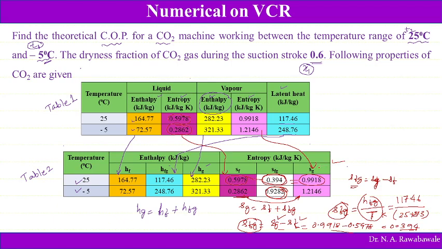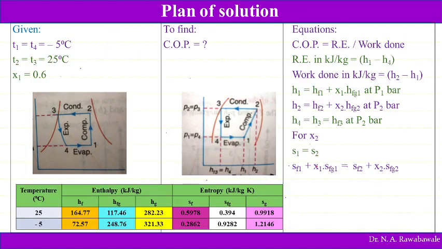Now a COP is asked, the COP of a refrigerator. The data given: the initial temperature is minus 5 degrees Celsius, and at the end of compression the temperature increases to 25 degrees Celsius. So T1 and T2 are given; instead of P1, P2, the temperature is given.